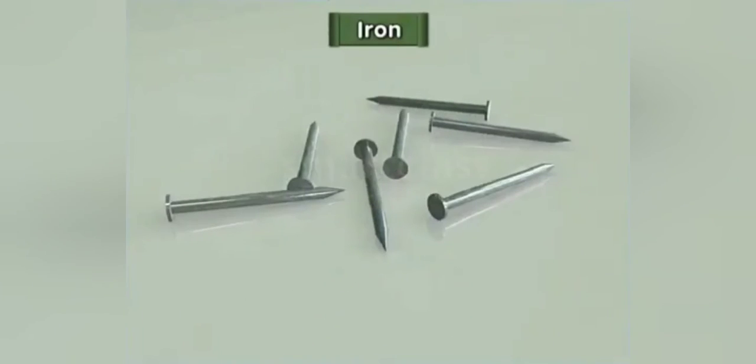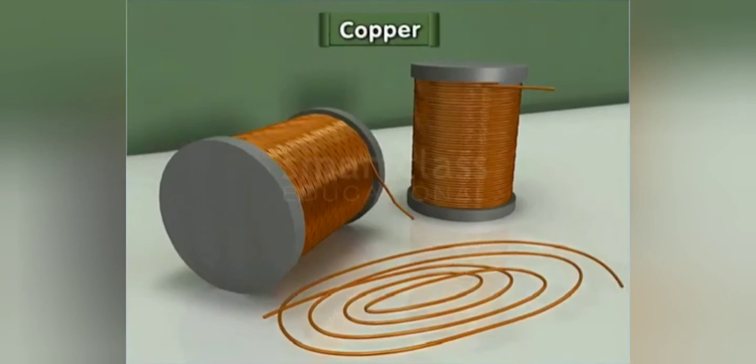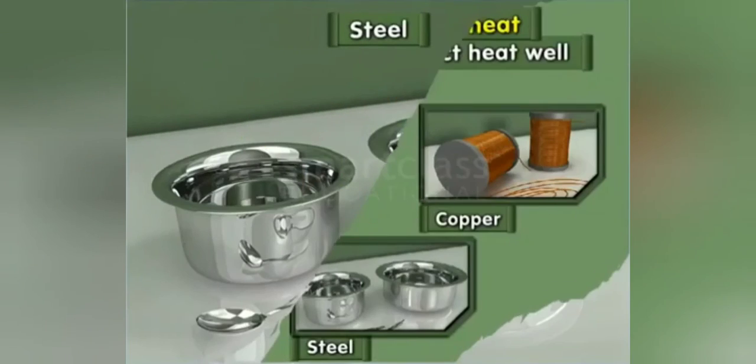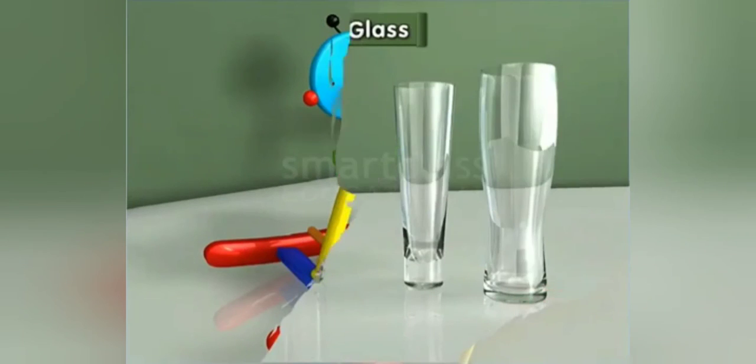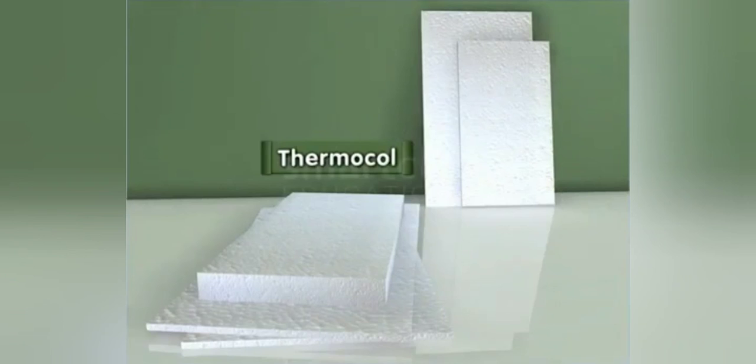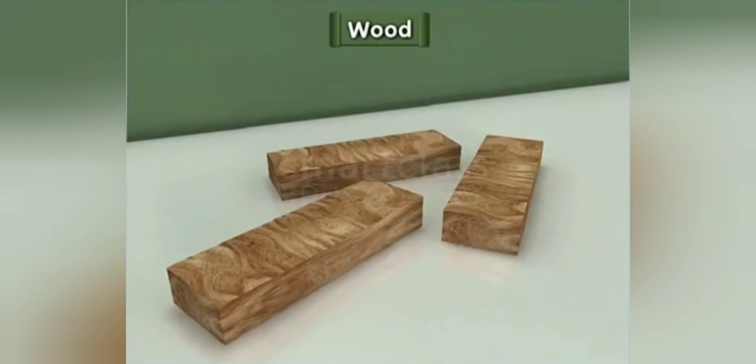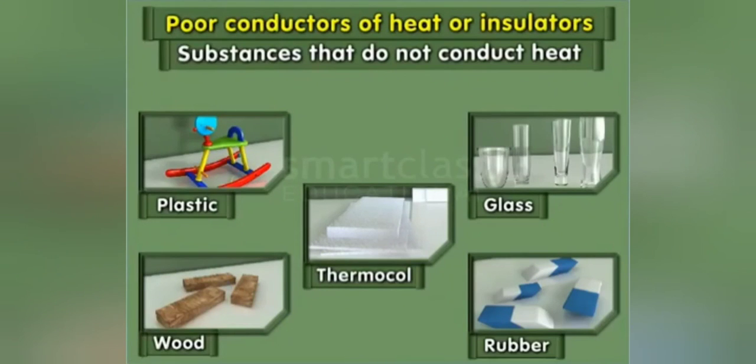No. Substances that conduct heat well are called good conductors of heat. Generally, all metals are good conductors of heat. And substances that do not conduct heat are called poor conductors of heat or insulators.